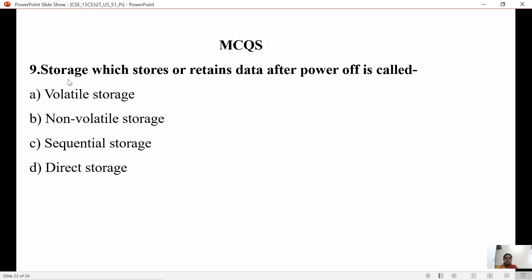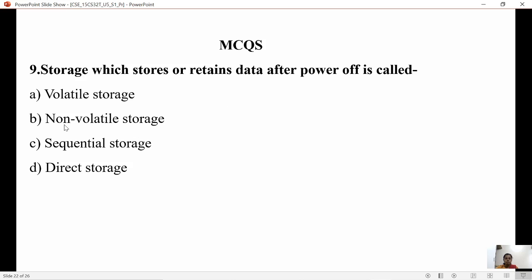Next question. Storage which retains data after power off is called: volatile storage, non-volatile storage, sequential storage, direct storage. The solution is non-volatile storage, because non-volatile memory will retain its data even when the power is switched off.